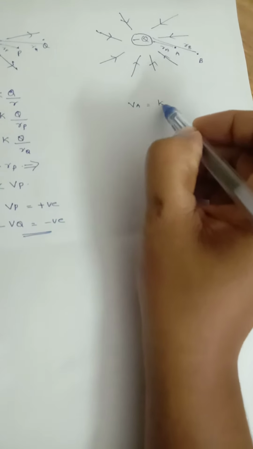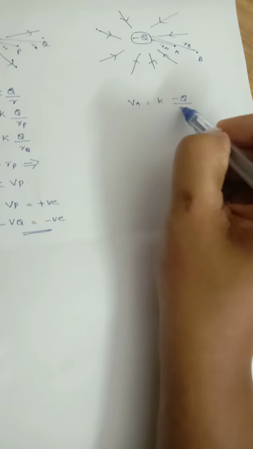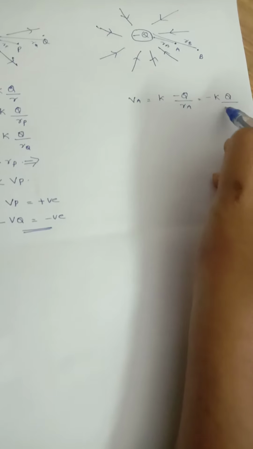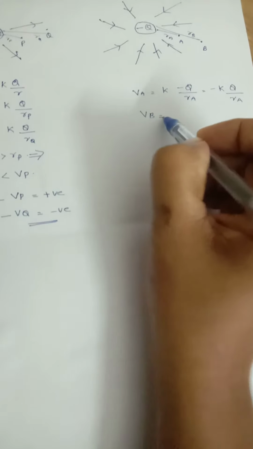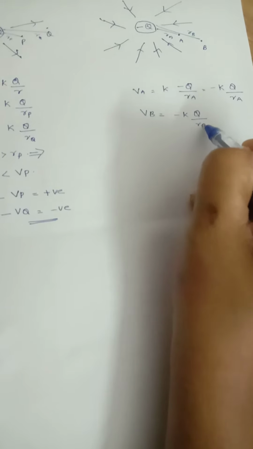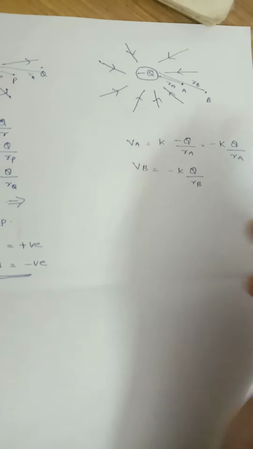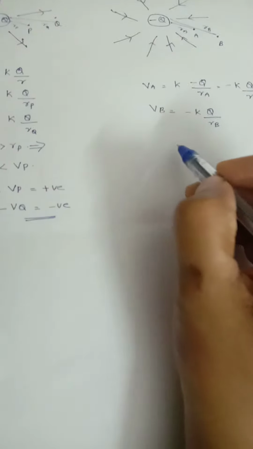Va is K times minus Q by Ra, which is equal to minus KQ by Ra. And Vb is equal to minus KQ by Rb. Now if you consider Ra and Rb, which one is greater? Rb is greater than Ra.